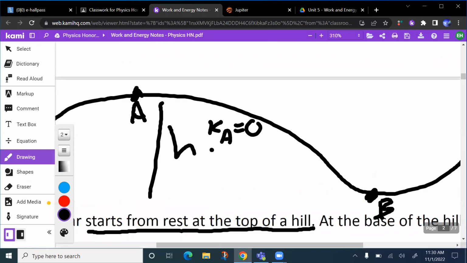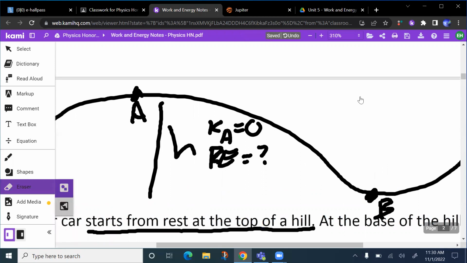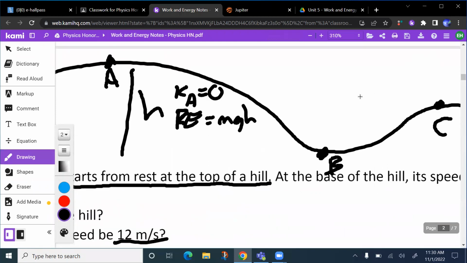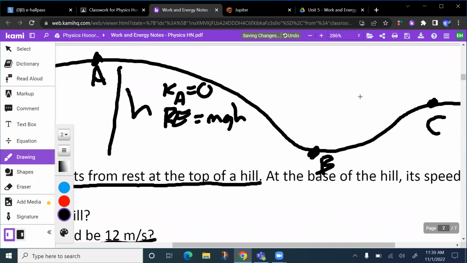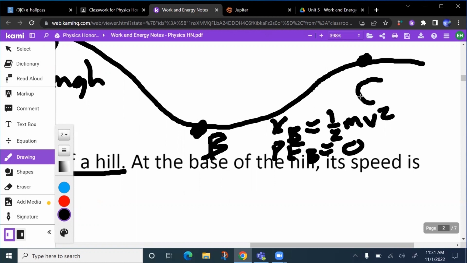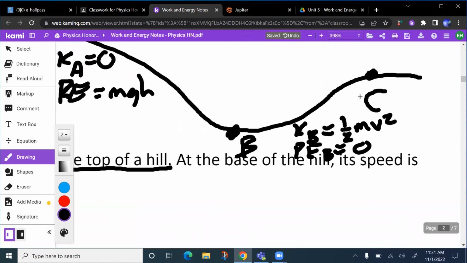But it does have potential energy to start, and we don't know what it is. So instead of writing a question mark, we'll write the equation that matches that, which is mgh. Now at the bottom of the hill, we do have kinetic energy at point B. So I'm going to write its equation, 1/2 mv squared, and potential energy at the base of the hill, I'm going to say it's 0 because it's the lowest point in the problem.